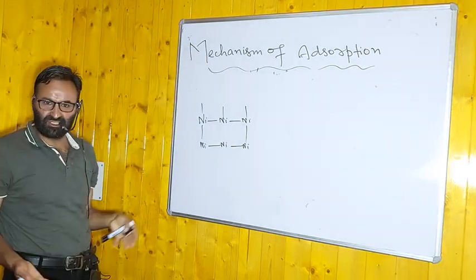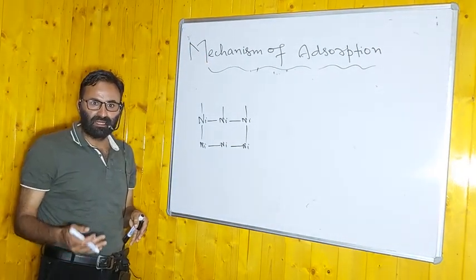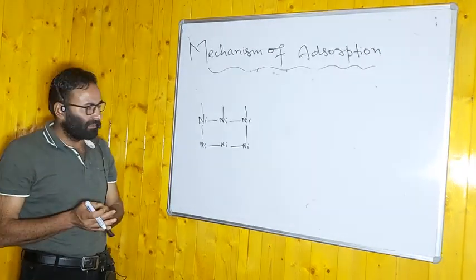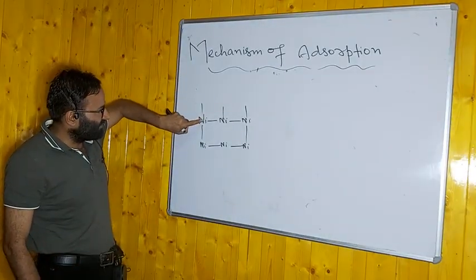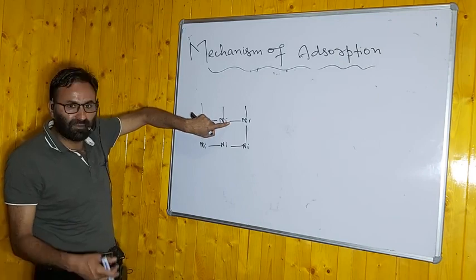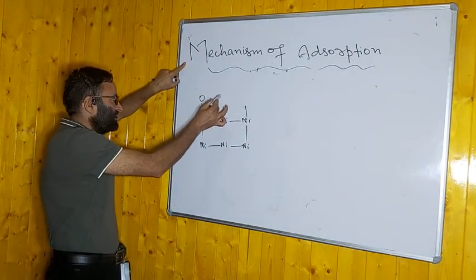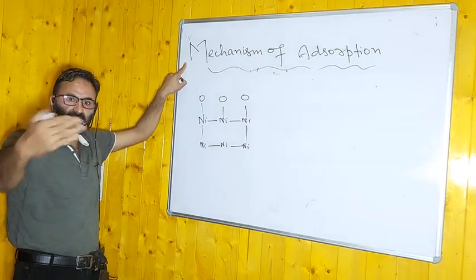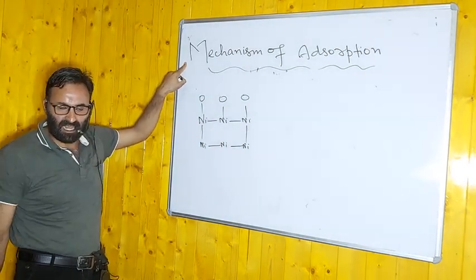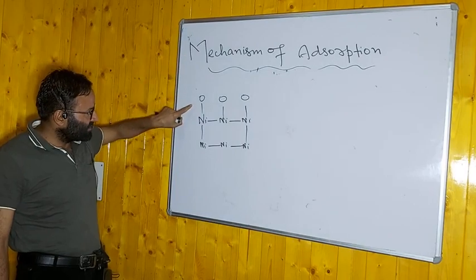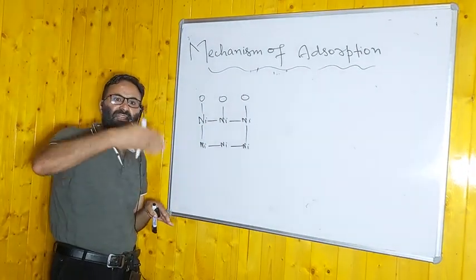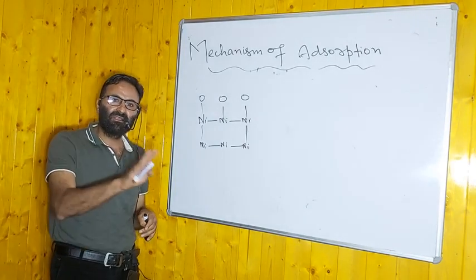During interaction, the valency of nickel gets satisfied. Let us say these are adsorbate. There occurs interaction, there occurs bond formation, either weak or strong, we have to discuss in the types of adsorption. But because of this interaction, energy gets released. This is the first point you have to mention.